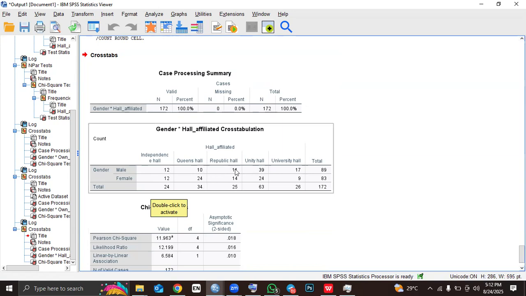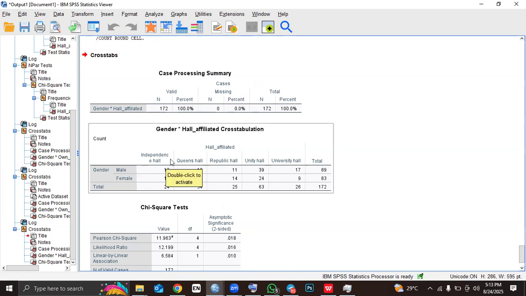Republic Hall saw 11 observations and 14 observations for male and female respectively. Unity Hall saw 39 males and 24 females, whilst University Hall saw 17 males and 9 females. And this is the total count for each of the distribution.